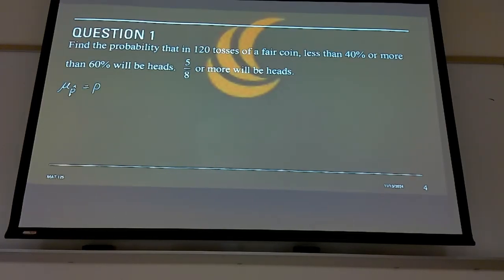So remember, the mean is going to be the population proportion p.